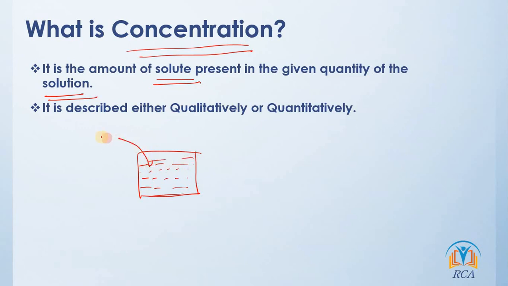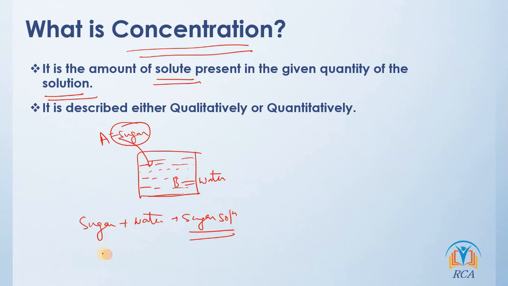Now if I add a certain component A into this, let's say A is sugar, to component B, which is water right now, do we say we are going to have a solution? Yes, sugar plus water will produce a sugar solution. We all know this. This is a solid-in-liquid solution, where sugar is acting as the solute and water is acting as the solvent.